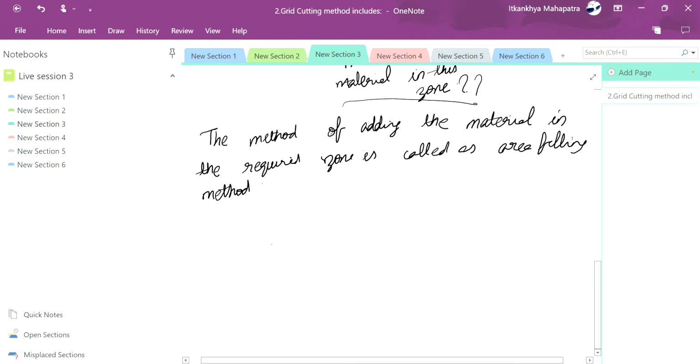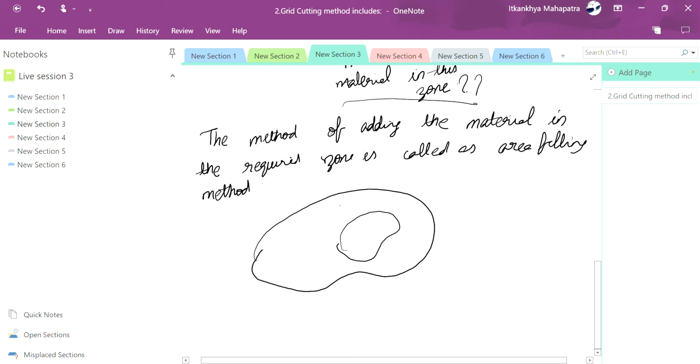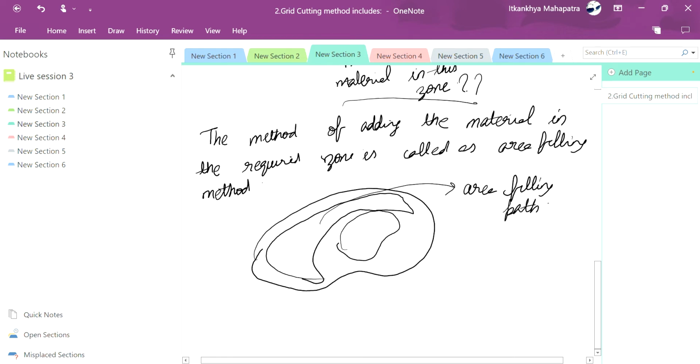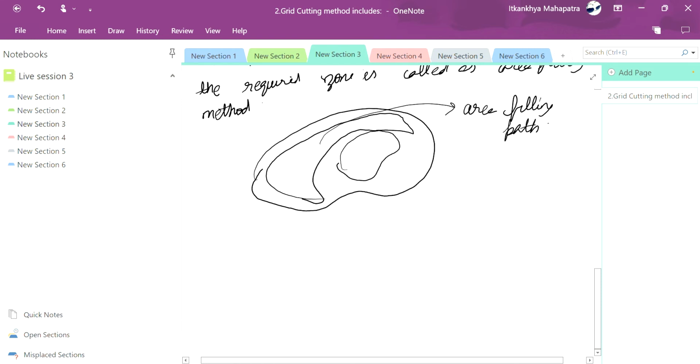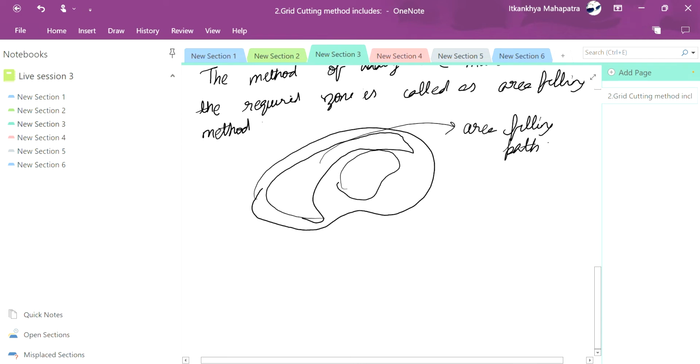Like I'll show you, this was the outer boundary, this was the inner boundary. This entire region will be done by an area filling path. Now this outer contour is a collection of lines. As earlier said, this area filling method is done by four methods: grid cutting, pixels, mask and path.